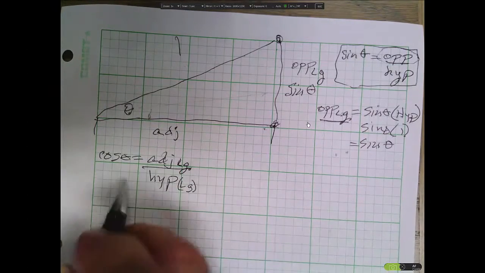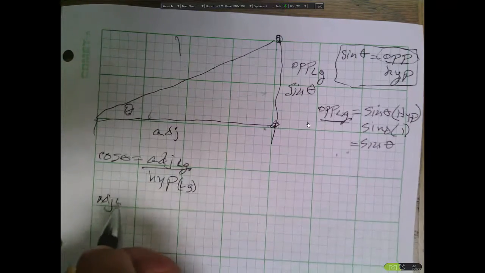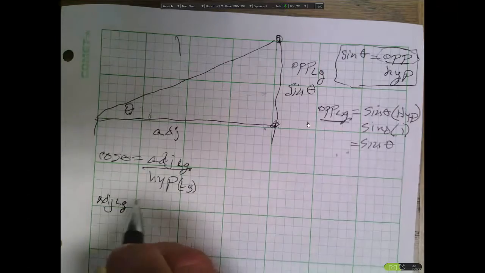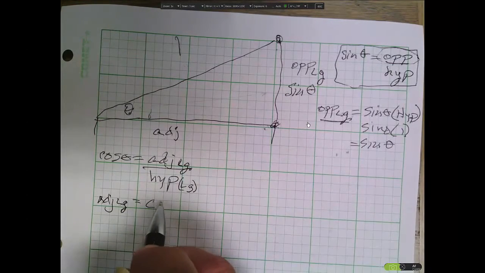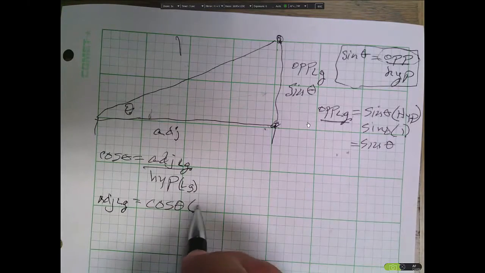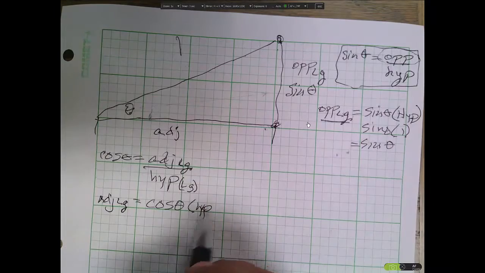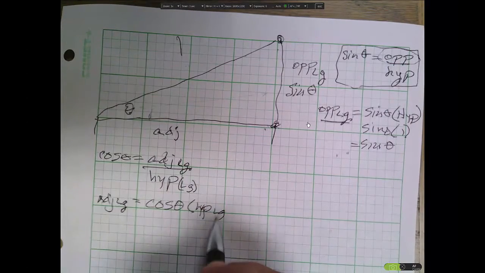So I'm going to simply solve this for adjacent. Adjacent sub large is equal to simply the cosine of theta multiplied times whatever the hypotenuse is. In this case, it's 1.